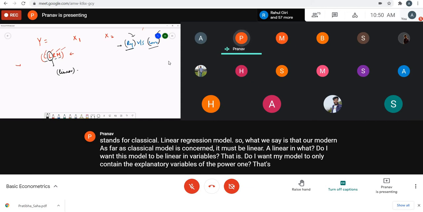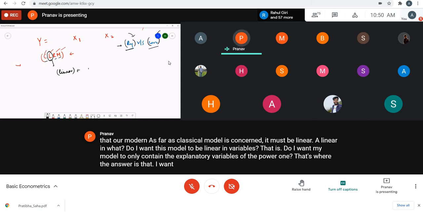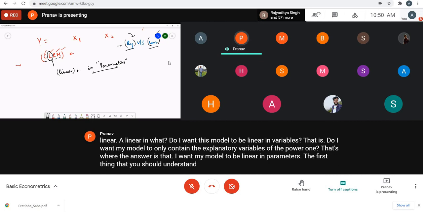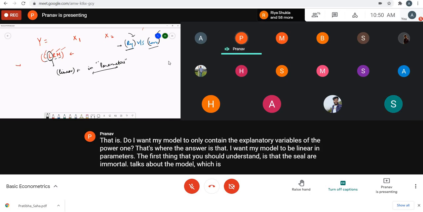That's where the answer is that I want my model to be linear in parameters. The first thing that you should understand is that the CLRM model talks about the model which is linear in parameters.